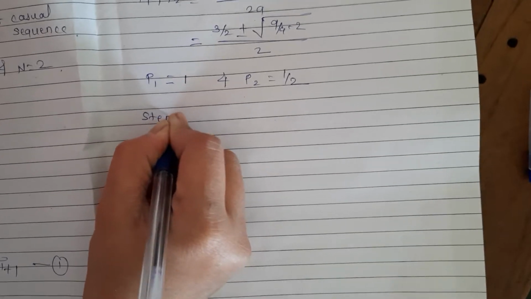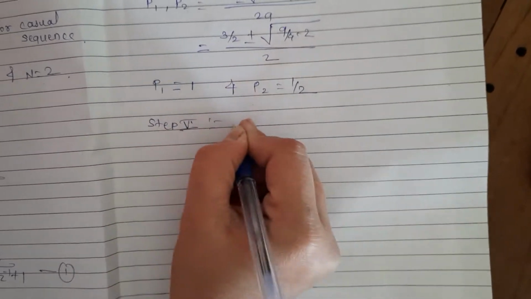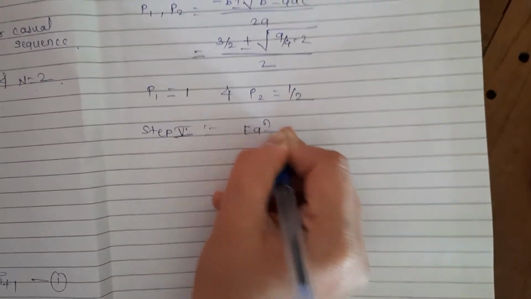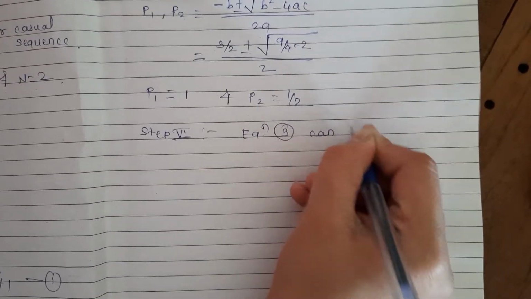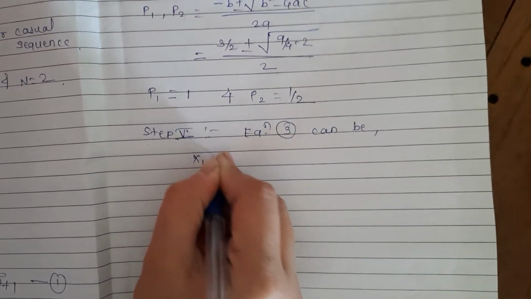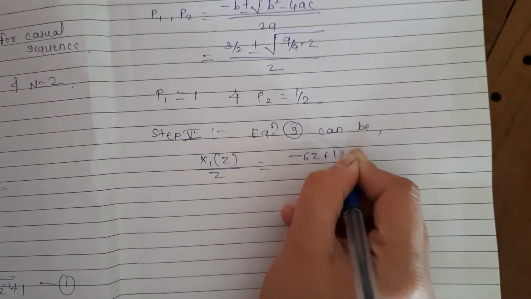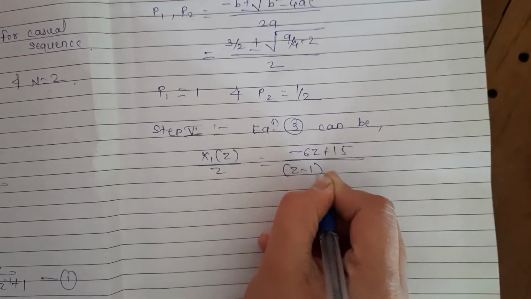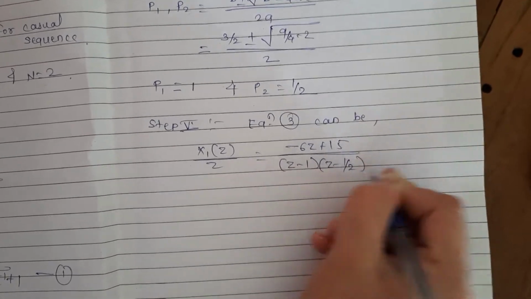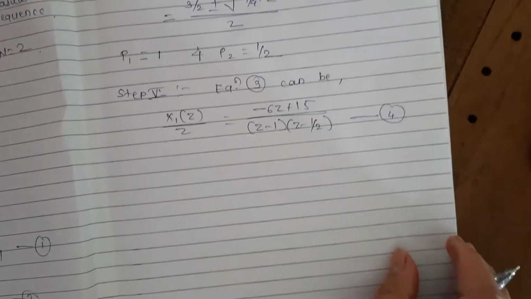Next is step 5. So equation 3 can be written as X1 of z by z is equal to minus 6z plus 15, by z minus 1 into z minus 1 by 2. This is equation 4.